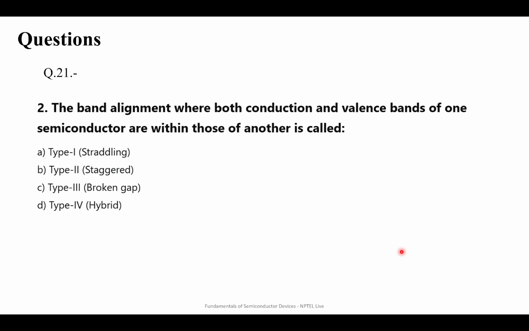The band alignment where both conduction and valence bands of one semiconductor are within those of another is called type 1 straddling, type 2 staggered, type 3 broken gap, type 4 hybrid.